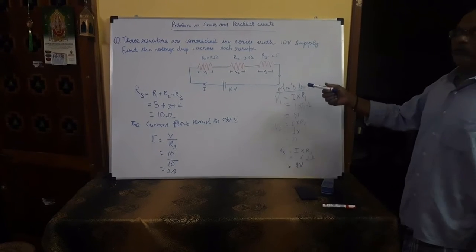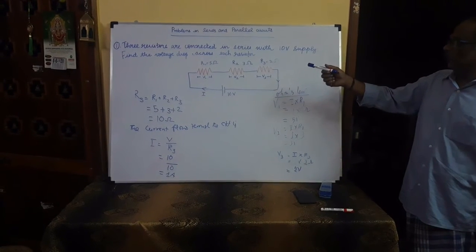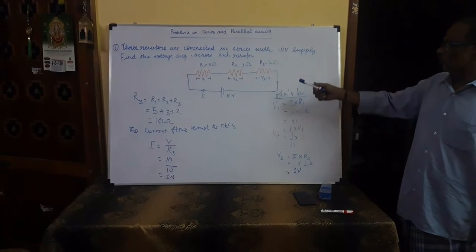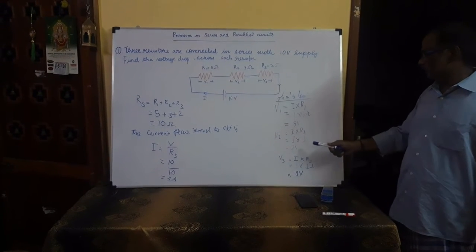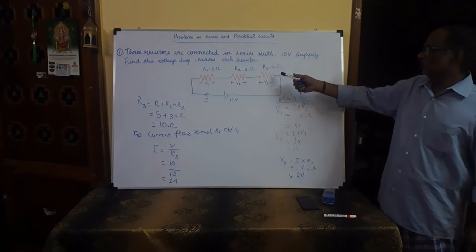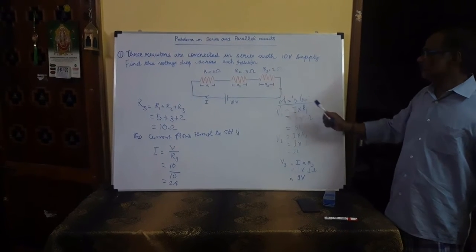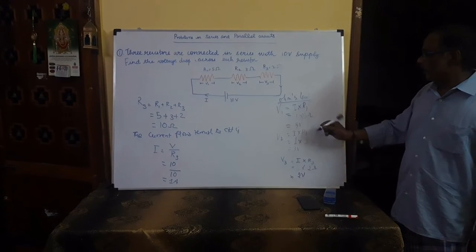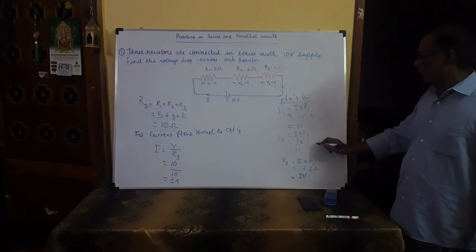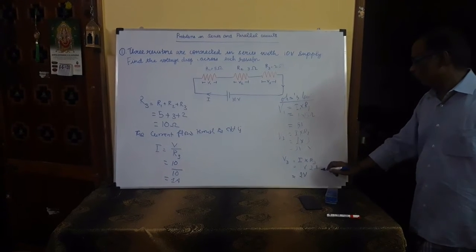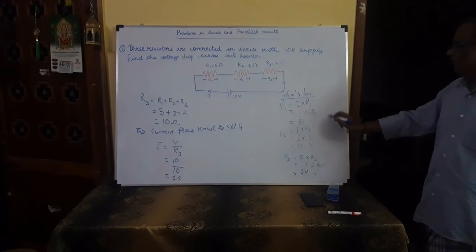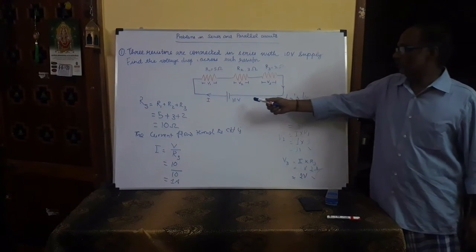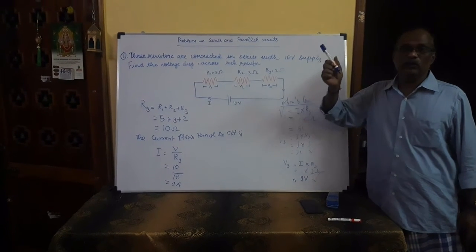We have calculated the voltage across R1 as 5 volt, across R2 as 3 volt, and across the 2 ohm resistor as 2 volt. If you add these three values, 5 volt, 3 volt and 2 volt, we get 10 volt, which is the voltage applied across the circuit.